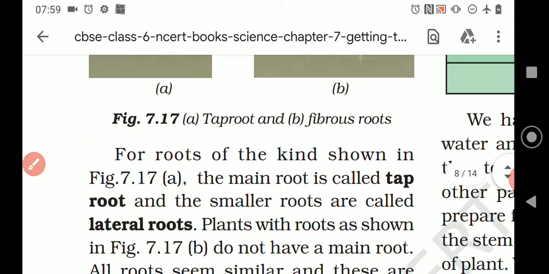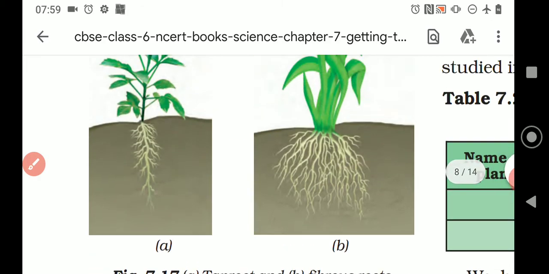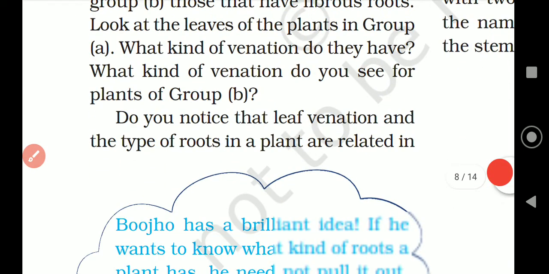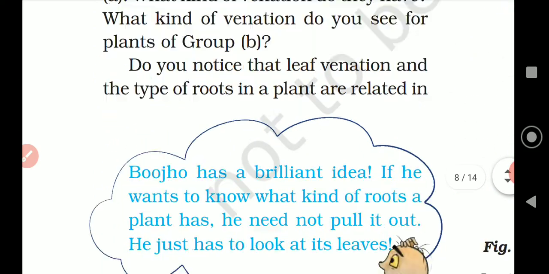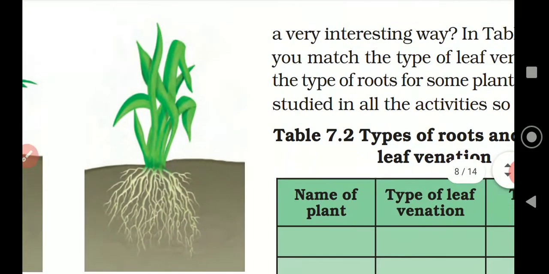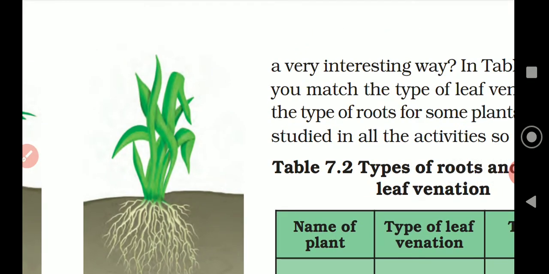So here I have shown you, this is the main root and these are the lateral roots. Now, do you notice the leaf venation and the type of roots in the plants are related? They are related in a very interesting way.